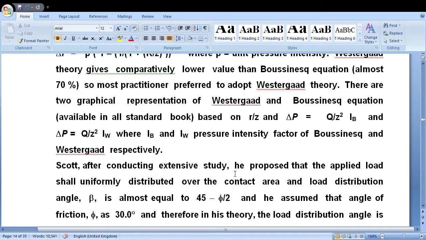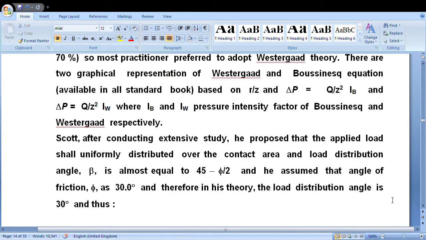In this increment factor, we find this 30 degree angle, and most scholars say that this 30 degree is almost equivalent to the angle of repose, and the soil behaves according to the angle of repose, so that beyond that it will fail.